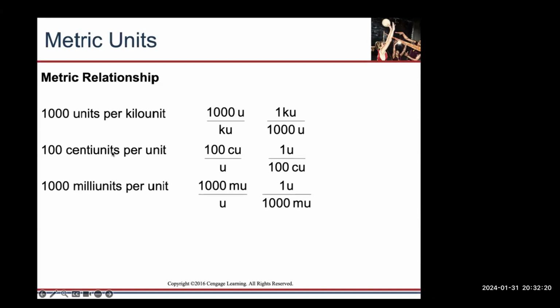So if our base unit is 1, that's going to be 100 of that unit. Milli is always going to be 1,000 times less than our base unit. We want to make sure that we understand those because those are the most commonly used ones in chemistry. So those are the ones we're going to be talking about quite a bit.